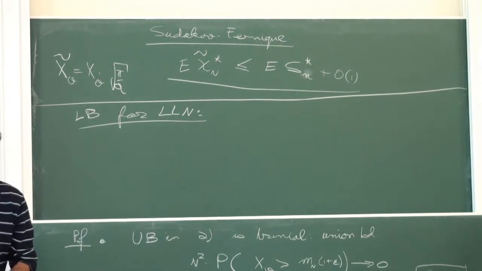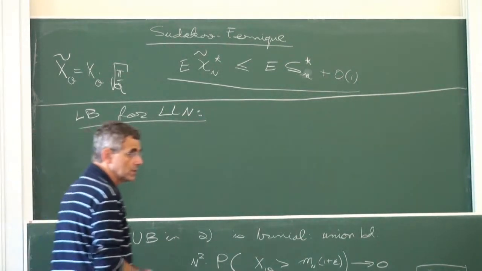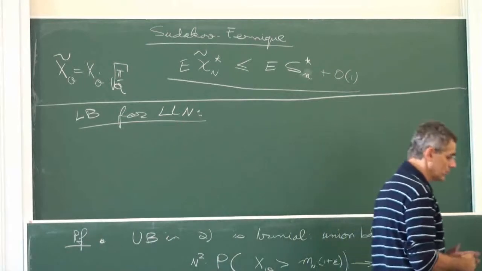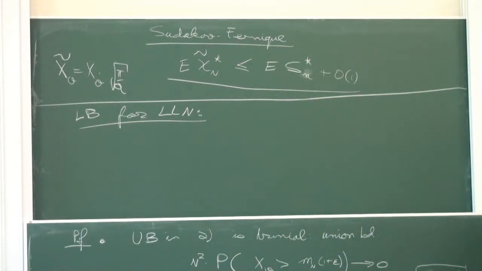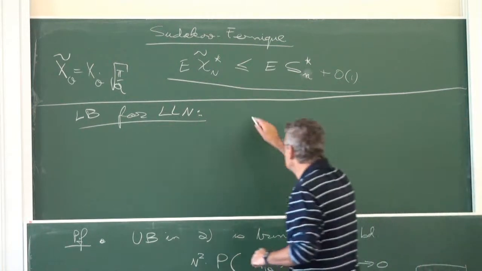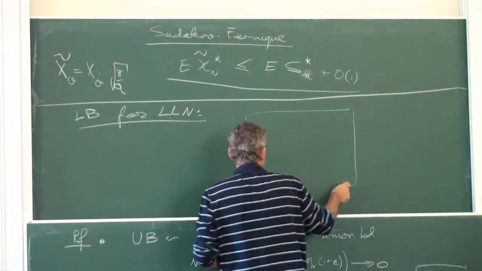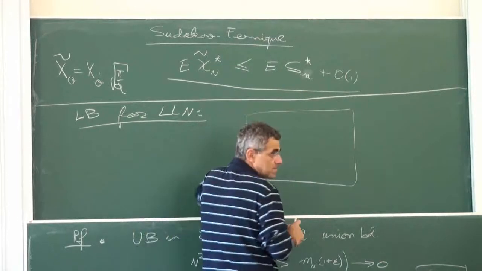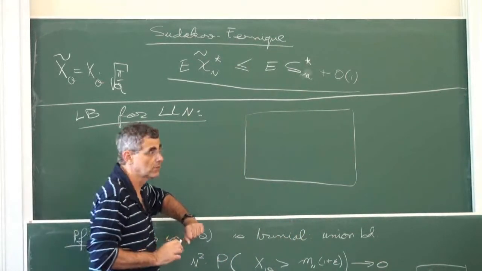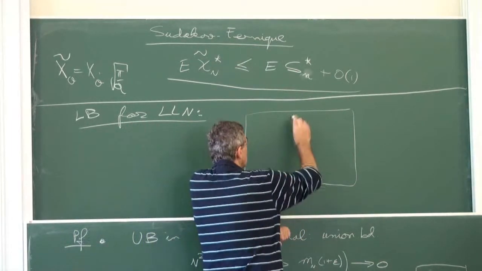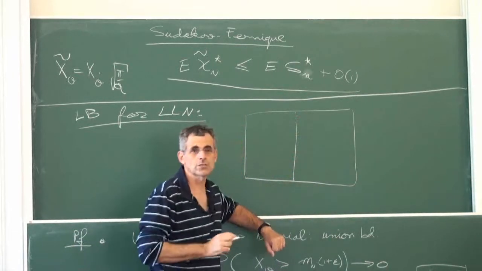So what we are going to do, we are going to dilute the tree in such a way, to dilute the GFF so that it is comparable in covariance to the Gaussian free field, up to a small multiplicative factor. Okay? So what are we going to do? Let's explain it on the first level, and then I will not write anything more. Other questions?